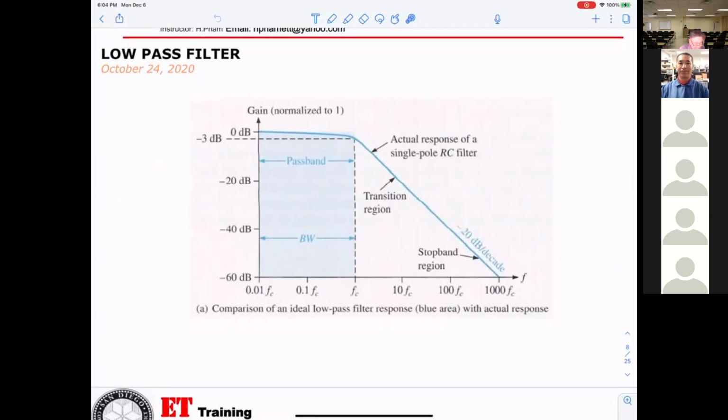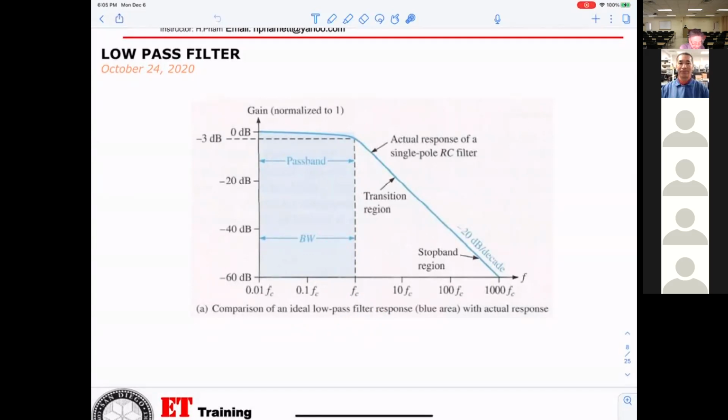Okay, let's see the comparison of the ideal low pass filter with the actual filter. So basically, this is the ideal. That means at the cutoff, it goes down quickly. This is the passband, and this is the bandwidth.